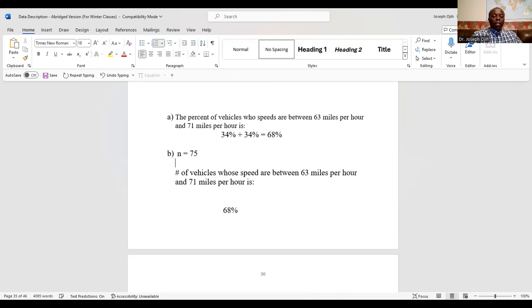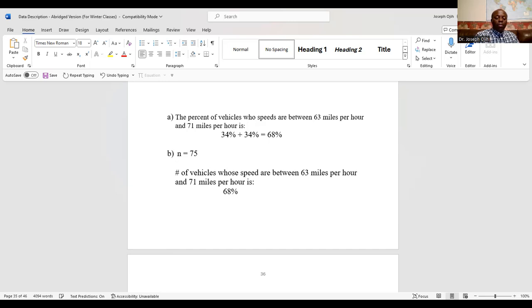Okay, which means that the percent of vehicles whose speed are between 63 miles per hour and 71 miles per hour is 68% times 75.